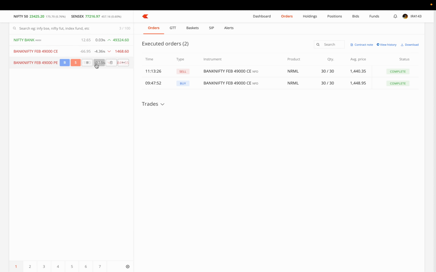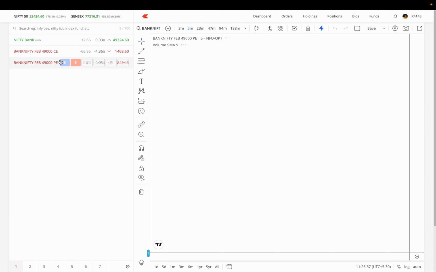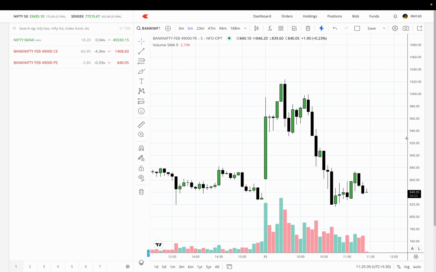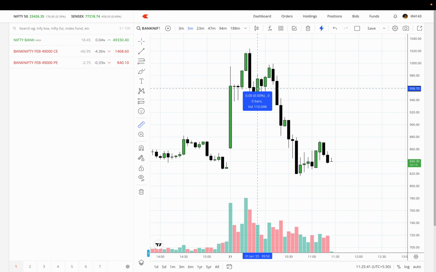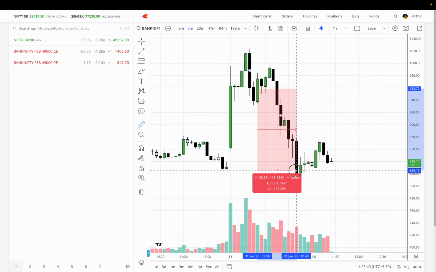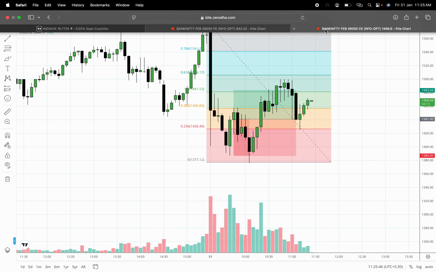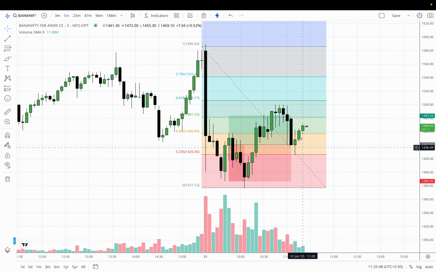As you can see, the counter trend of this option, that is I bought the 49,000 call, the put actually gave an amazing profit, 71 to this, proper 2:1. It was very nice, but the same could not be said for the call.